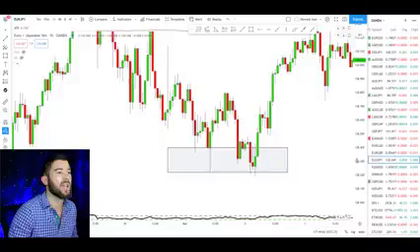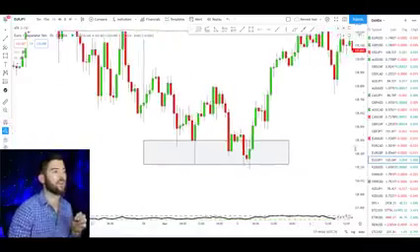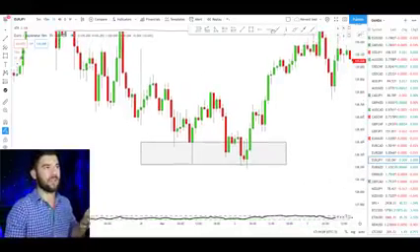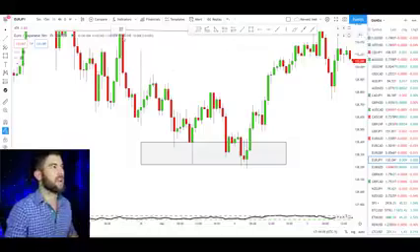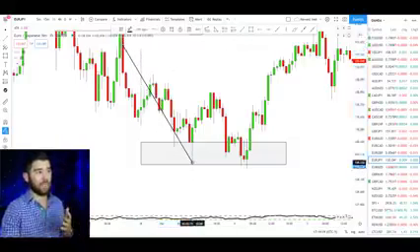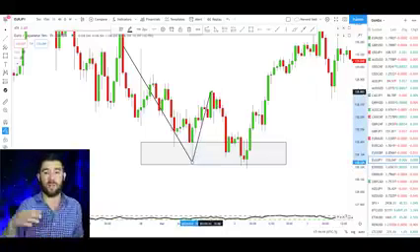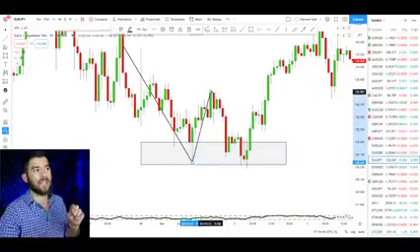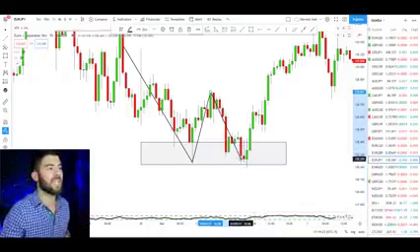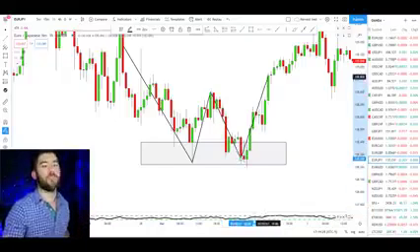For a double bottom, that's what we're looking at right now here on the euro yen. The way it looks on a chart is a market that comes down, creates a level of support, then bounces up to a level of resistance. But instead of continuing down in this downtrend, we retest this level of support, and we're supported yet again.